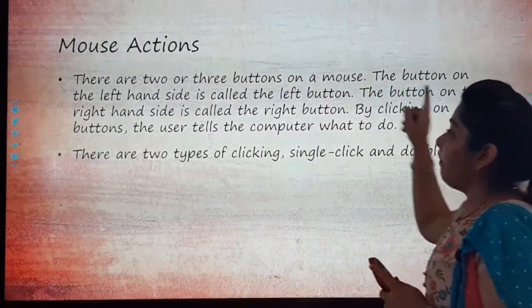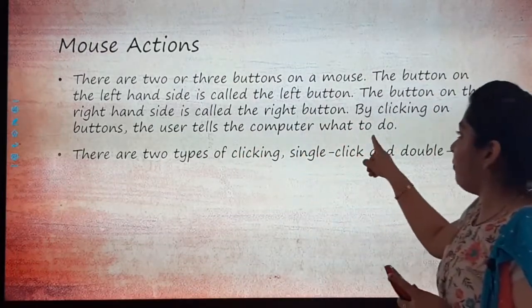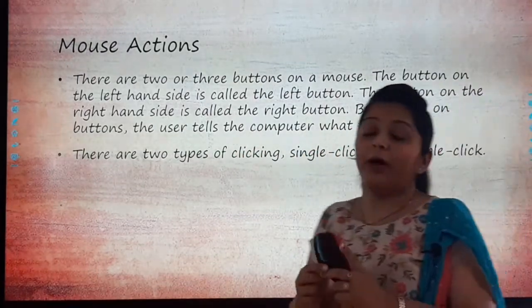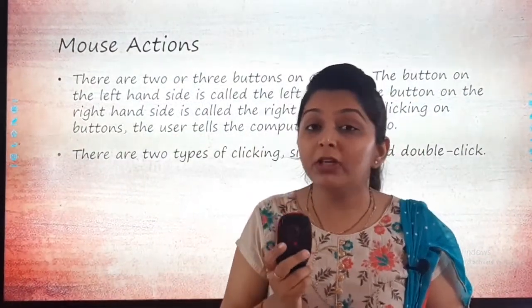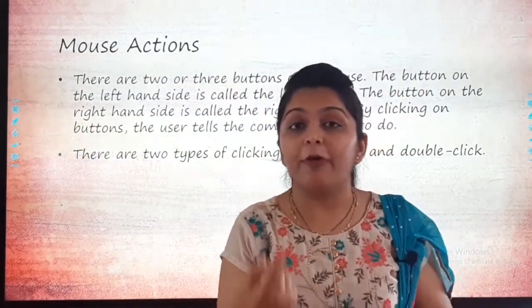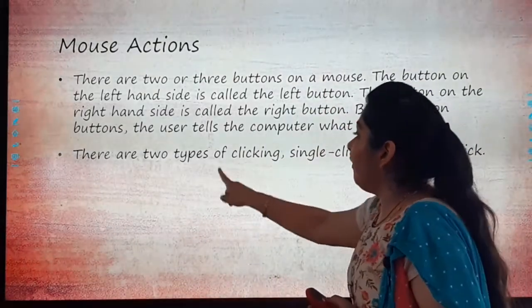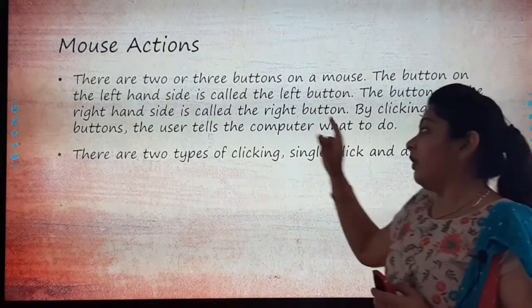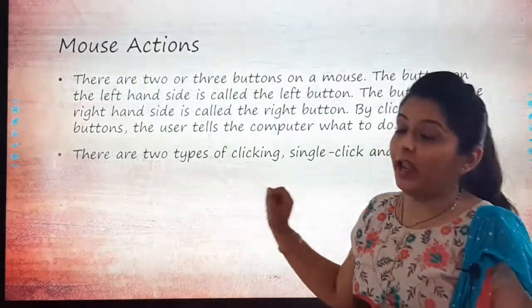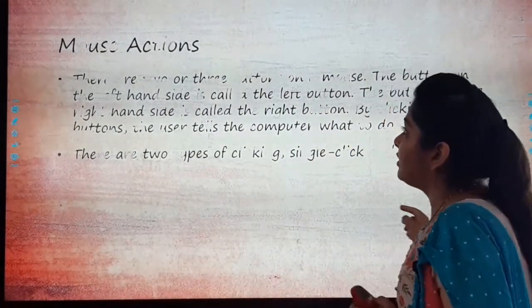By clicking the buttons, the user tells the computer what to do. As soon as we click with the help of the mouse, the computer knows what actions we want to perform. There are 2 types of clicking, single click and double click. This we will study in our next part. Now what's next? Let us see.